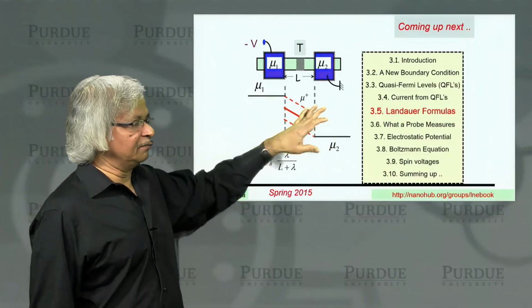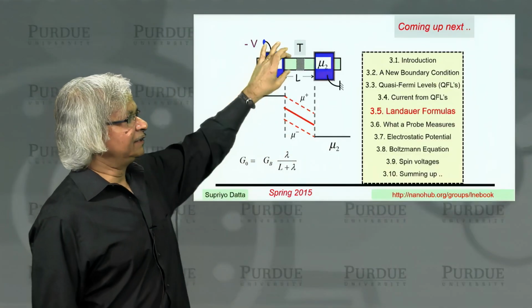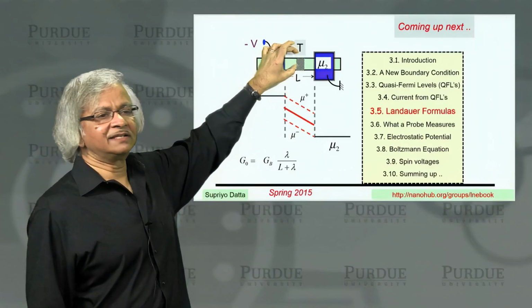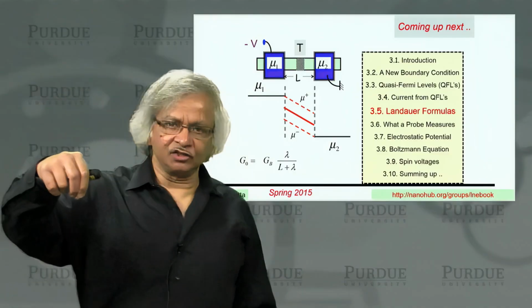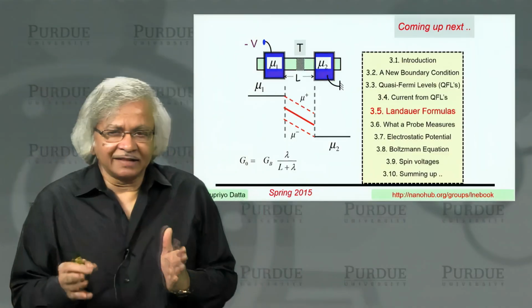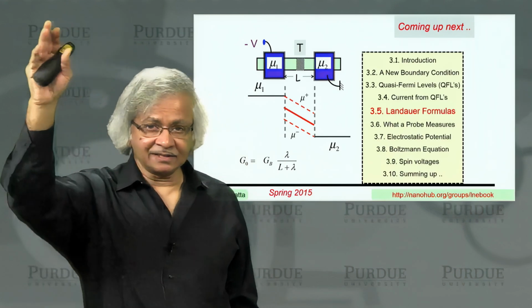For the Landauer formula, we'll consider a slightly different situation. You see, one where the channel is largely ballistic, but there's a localized scatterer someplace. You know, something like a little construction zone or a toll booth in the middle of the highway. And that helps clarify certain things. Anyway, so that's what we'll do in the next lecture.